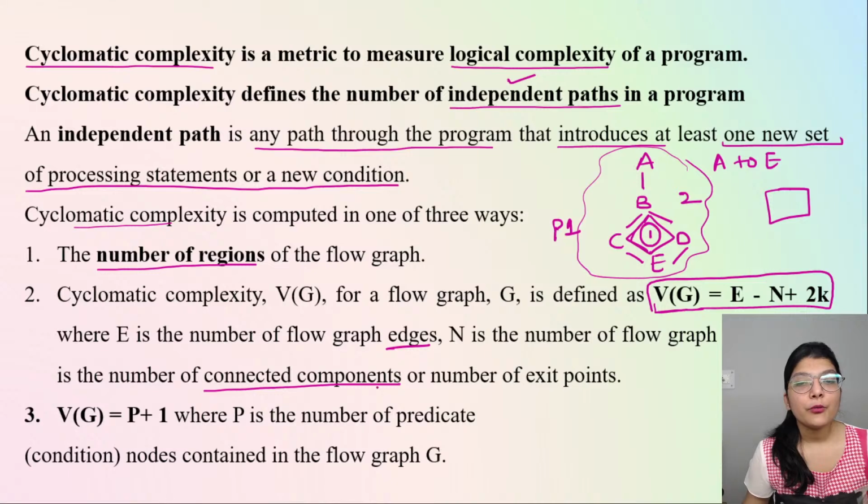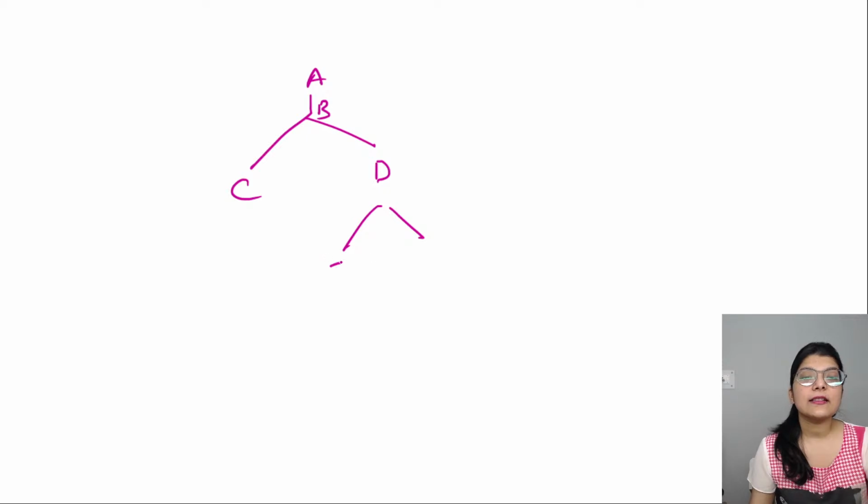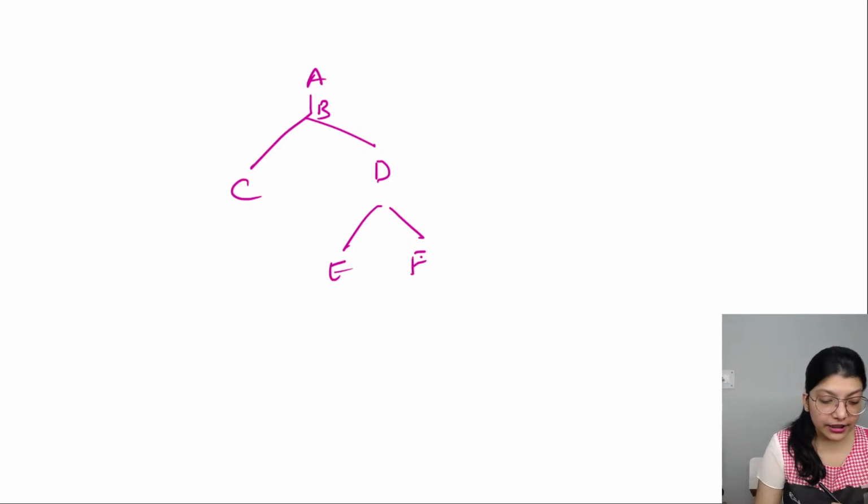K is the number of connected components, and this is the third method, that is V of G is equal to P plus 1. Where P is the number of predicate or condition nodes. So if I say this is my A node, this is my B node, this is C, D, this is E and F. So what are condition nodes?